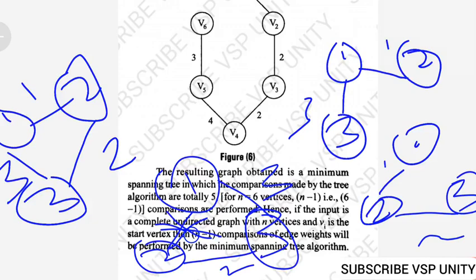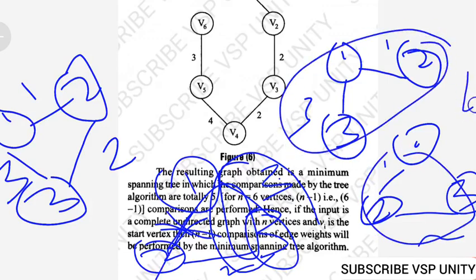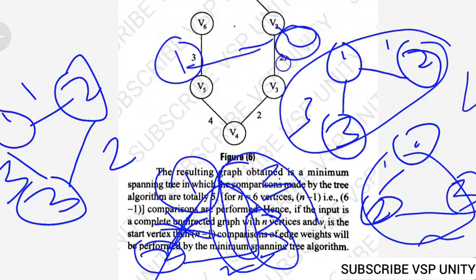See here, in this the path value is 5, and when I consider 1 to 2 and 1 to 3, the path value is 4. But if I take this example, 1 to 2, which is 1, and 2 to 3, which is 2, this value will be 3.